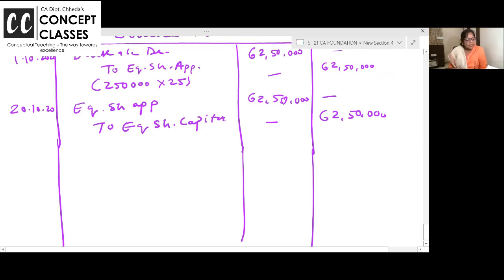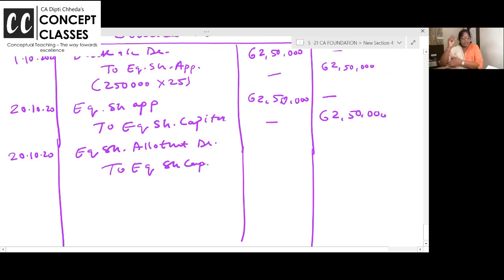Next, on the same day, allotment money is due. So on 28 October, equity share allotment account debit to equity share capital. How much is the allotment money due on 2,50,000 applications at 50 each?